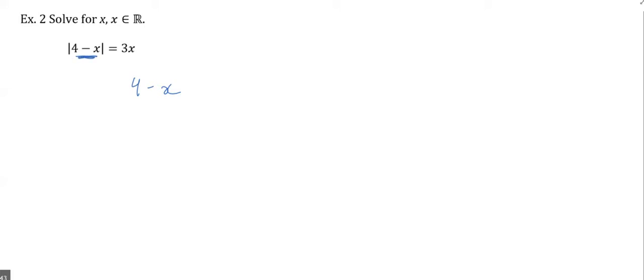So when that is less than 0, and you can solve this however you want. I can move the x over, but I'm going to leave the x where it is and move the 4 over. So when negative x is less than -4, but what do I do when I multiply by a -1? I have to flip the sign. So this occurs when x is greater than +4.